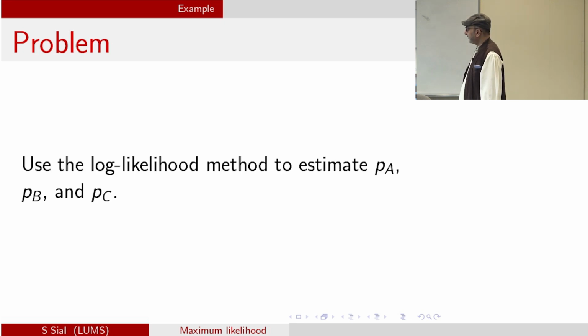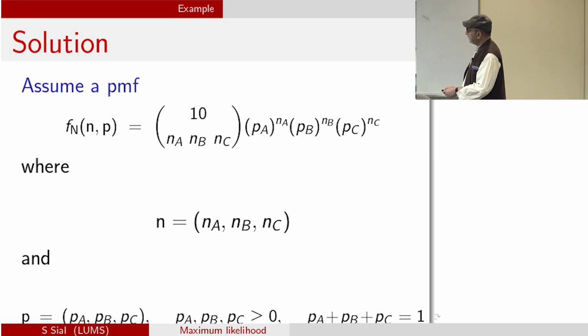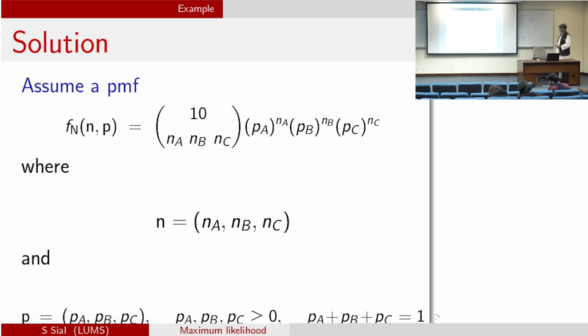Okay. All right, so my multinomial random variable says that the probability in 10 trials of getting result A n sub A times, result B n sub B times, and result C n sub C times, right?